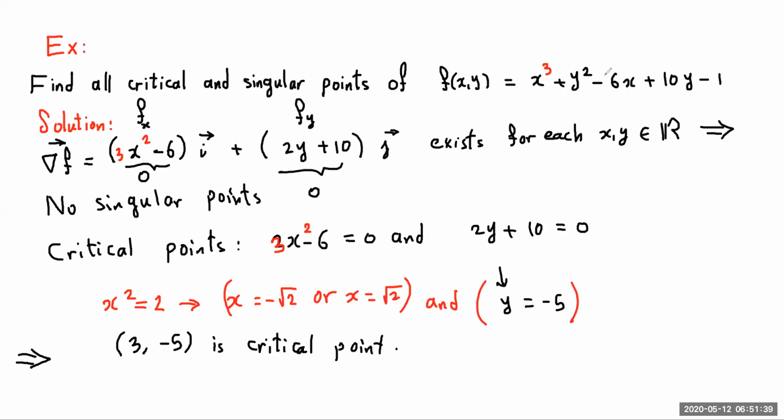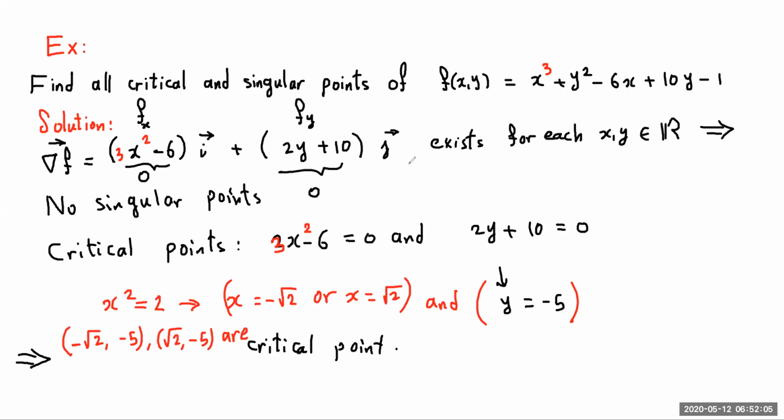So what will the final answer be in this case? I will have (minus root 2, minus 5) and (root 2, minus 5). These are the critical points.